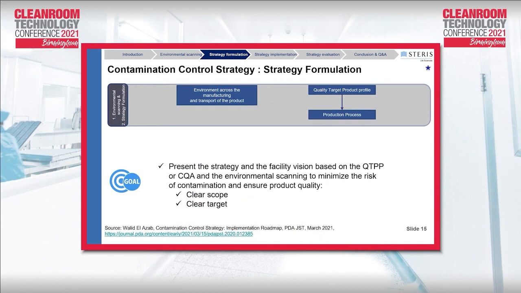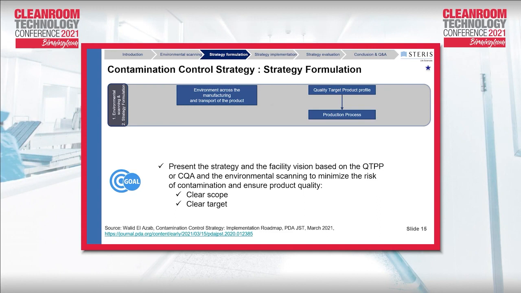The goal is to present a strategy and give your facility and personnel a clear vision of the purpose of this contamination control strategy. You need a clear scope and a clear target. An adequate formulation of your strategy will help, for example, when you have a deviation, to identify the appropriate CAPA that will improve your contamination control strategy.